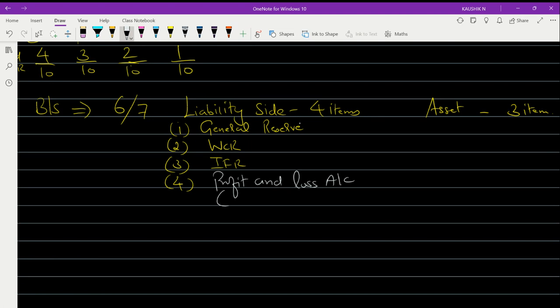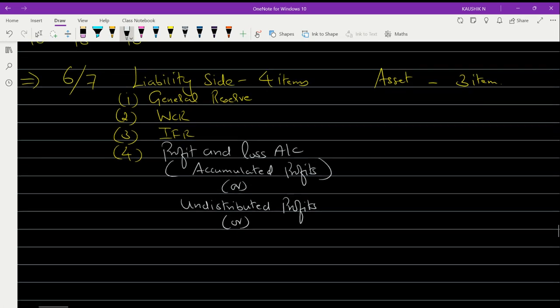This is nothing but your accumulated profits, which we can otherwise call undistributed profits, or we name this as retained earnings. These are the words by which we call this particular item. Retained earnings.